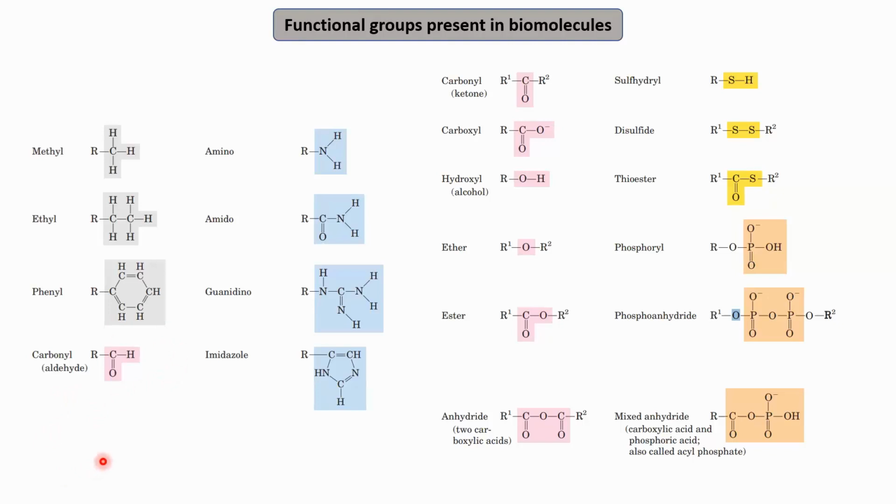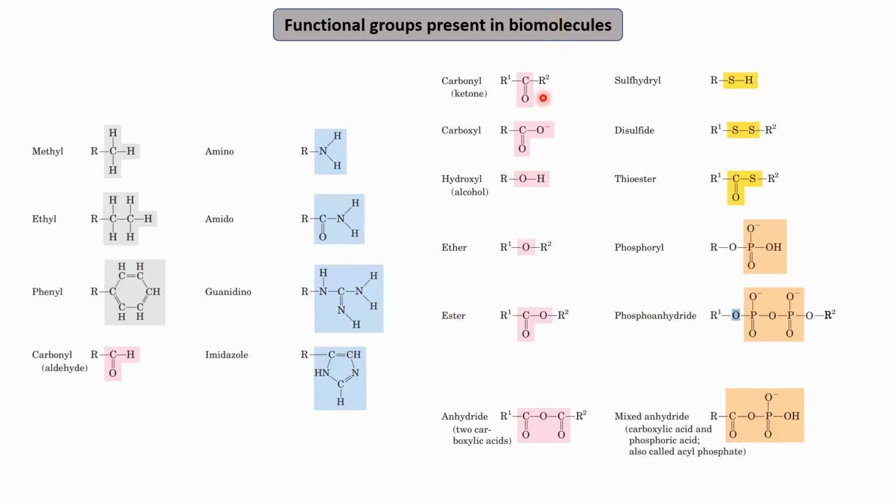Aldehyde may be present in some of the biomolecules. Similarly, amido, guanidino, and imidazole groups may be present. We will see, for example, that in various amino acids an imidazole ring is present, and similarly in amino acids, an amino group or carboxyl group is present.